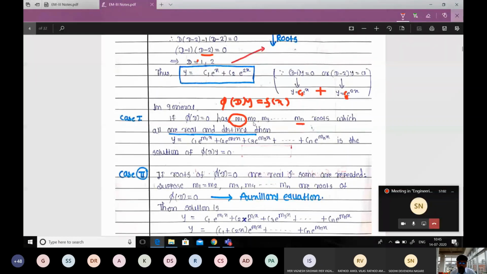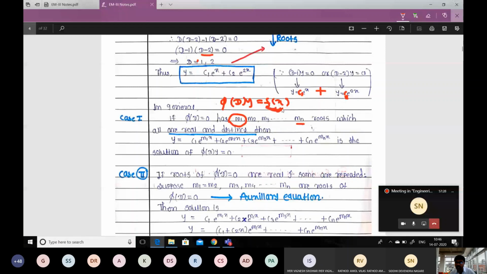Corresponding to the second root m2, we write c2 e to the power m2 x. Corresponding to the third, we write c3 e to the power m3 x, and so on, up to the last root m suffix n, for which we write c suffix n e to the power m suffix n x. Their addition gives the complete solution of this homogeneous differential equation if the right hand side is 0.